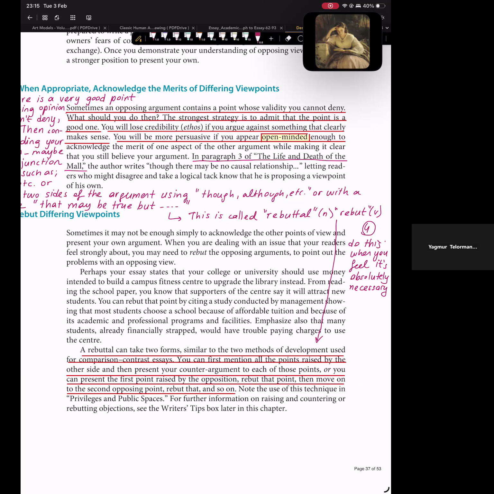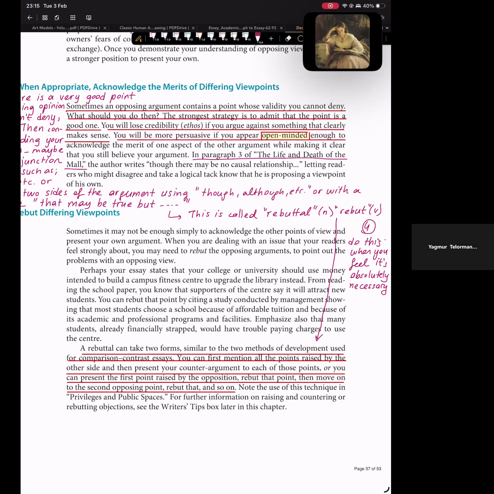And for rebuttal, you can use two methods, and these two methods we already learned about while writing compare and contrast essays. One side at a time method or point by point method. So you can take one side of the argument and explain it and then move to your side of the argument, or you can give one point from the opposing argument, then explain your side of the argument.